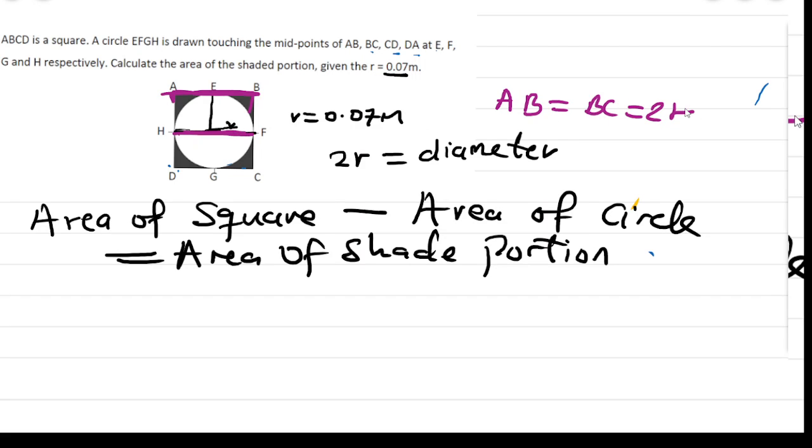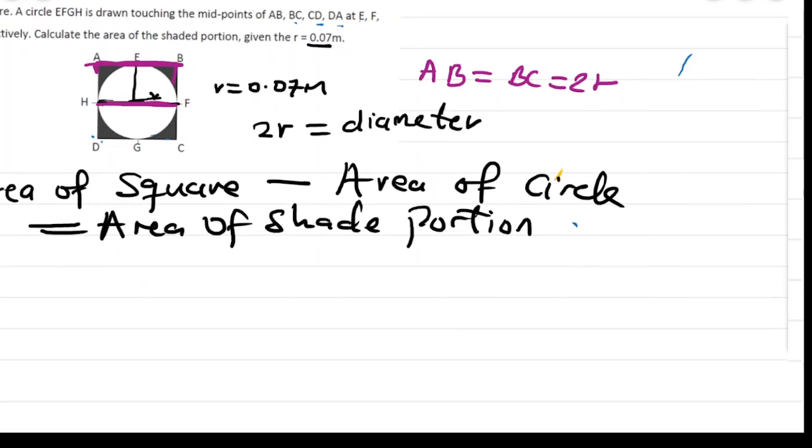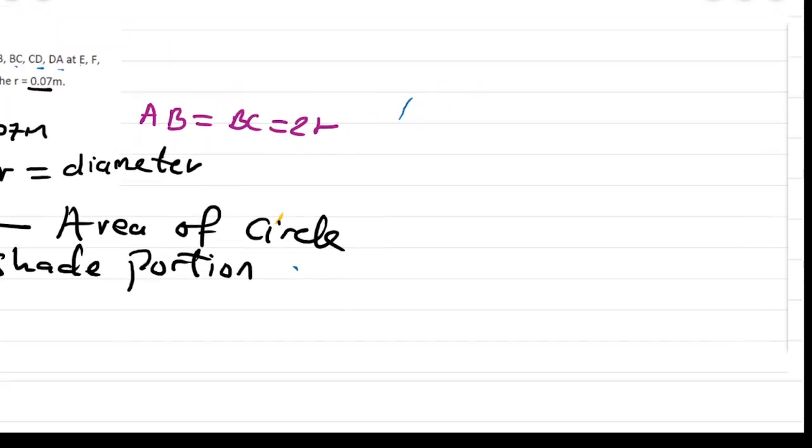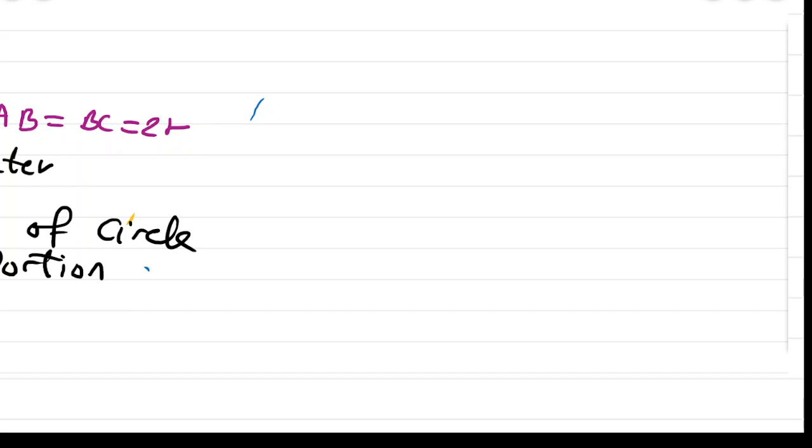The radius of the circle r is 0.07 meters.